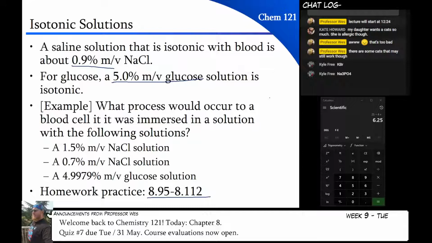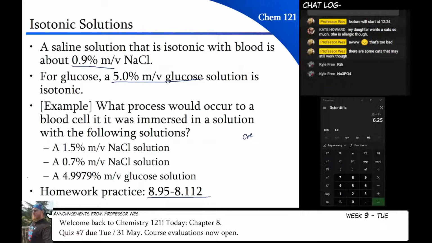This isn't somebody that you're giving these solutions to. You just have blood that you're going to rinse or subject to these solutions. What would happen? So, remember the processes that we have. We have crenation, not cremation. That's certainly a different process.